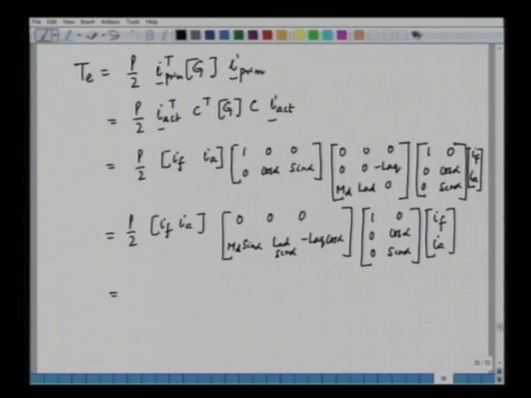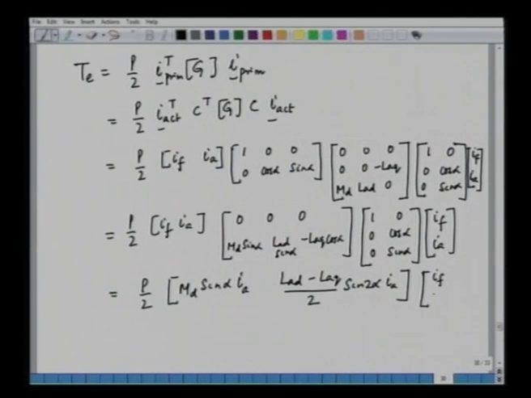We can further simplify this and get the final equation. So, further simplification will give us P by 2. We can post multiply this, and then we can pre multiply with IA into IF. So, what we obtain here is MD sin alpha IA, LAD minus LAQ by 2 into sin of 2 alpha into IA, and post multiply with IF and IA.